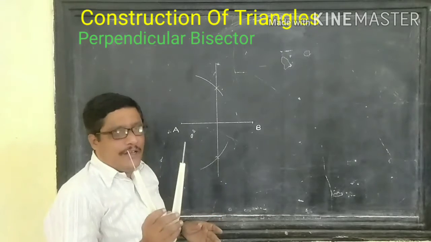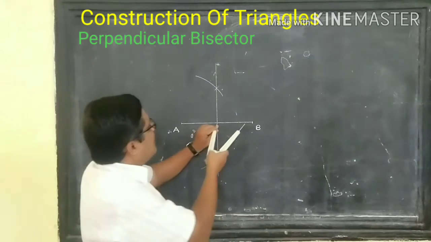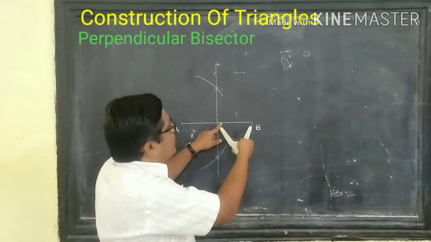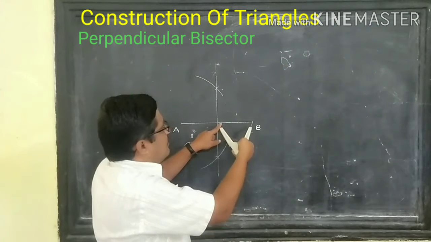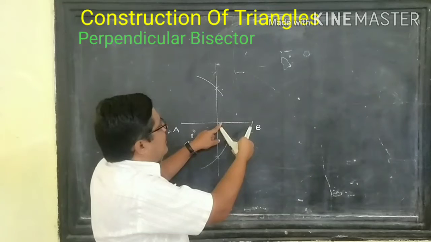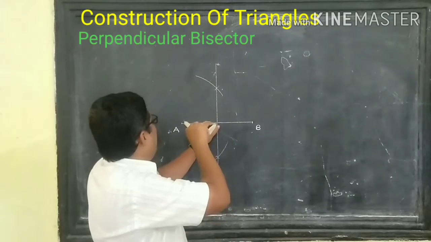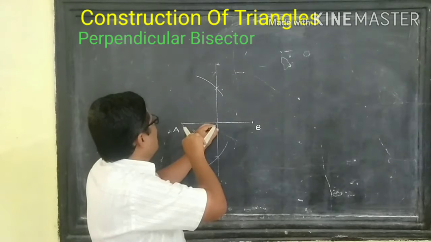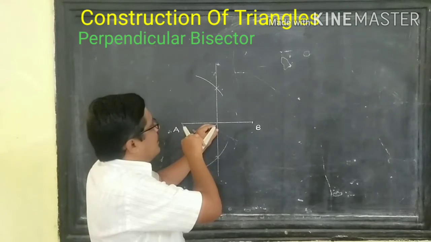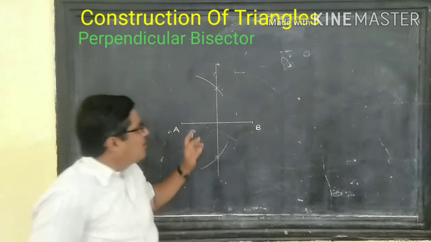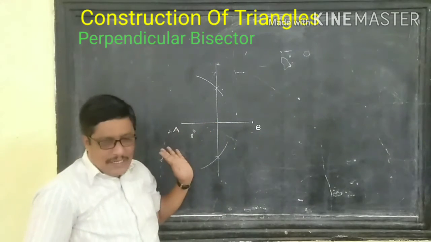One is divider. By using divider, we can check whether the point of intersection of perpendicular bisector and the segment is equidistant from A and B or not. So in this way we can check it. So it is correct. Therefore it is bisector now.